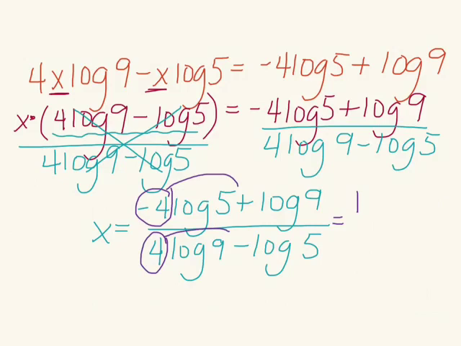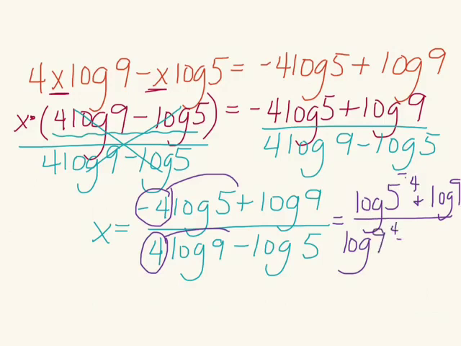So we have log of 5 to the -4 plus log of 9, sorry I'm running out of room here, over log of 9 to the 4th minus log of 5. And then we can combine even more.